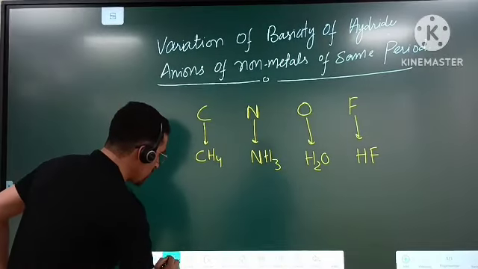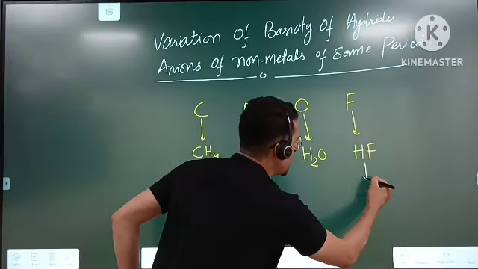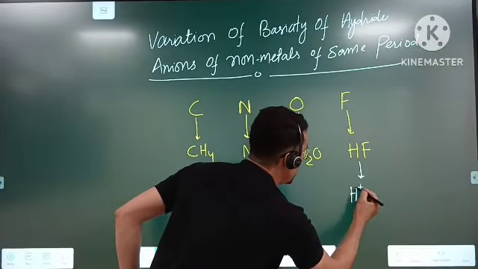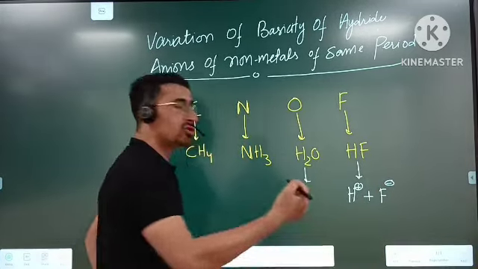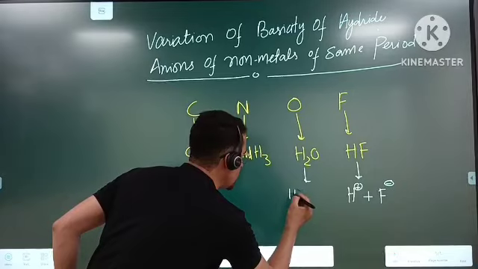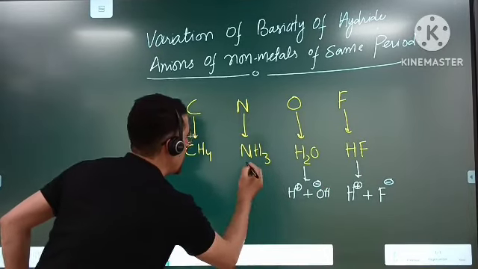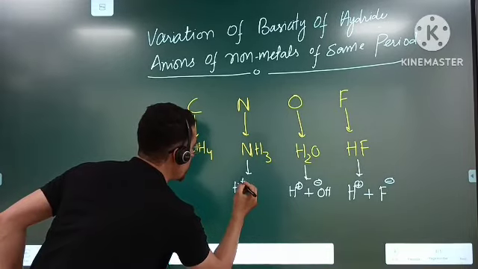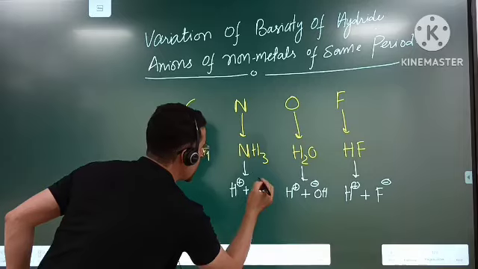Now if we talk about their dissociation, HF can dissociate into H positive ion and F minus anion. Similarly H2O can dissociate into H plus and OH negative. NH3 will dissociate into H positive plus NH2 negative anion.